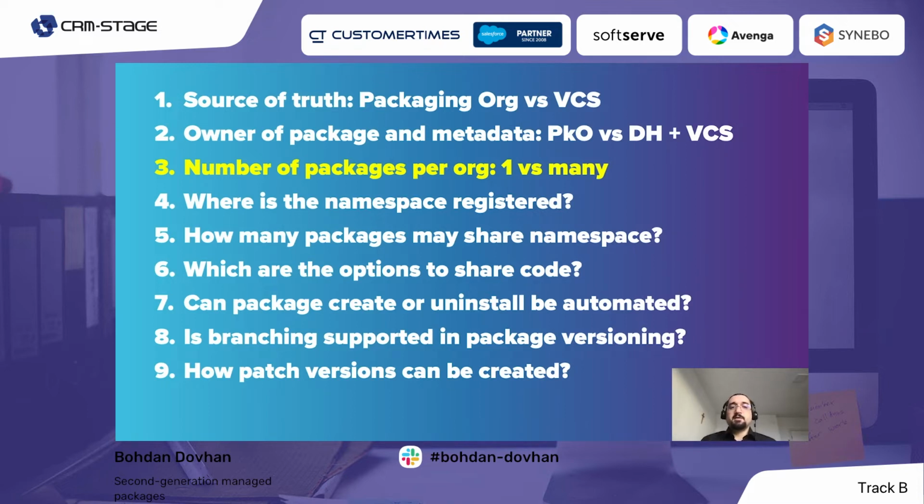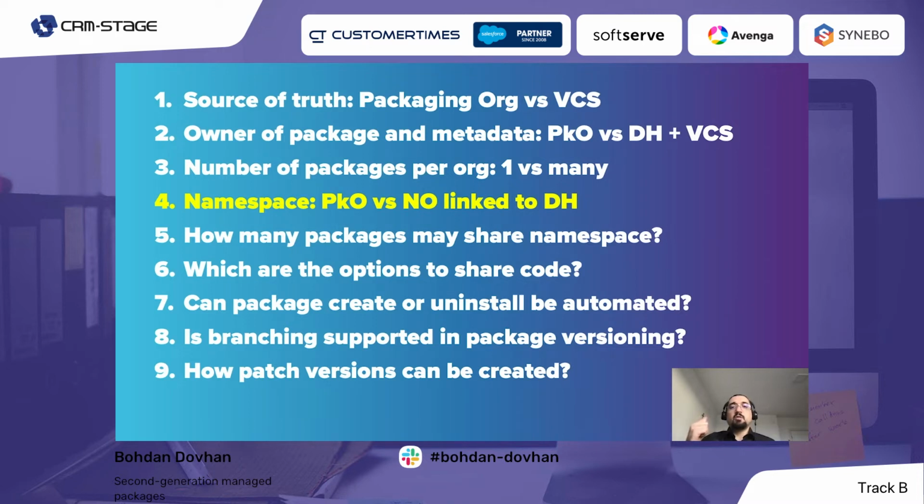The next thing is, where is the namespace registered? So for the first generation package, this is very simple. You have your packaging org and you define and register your namespace there. While for second generation package it is quite the opposite. There is a specific notion of namespace org, which is applicable only for second generation package.